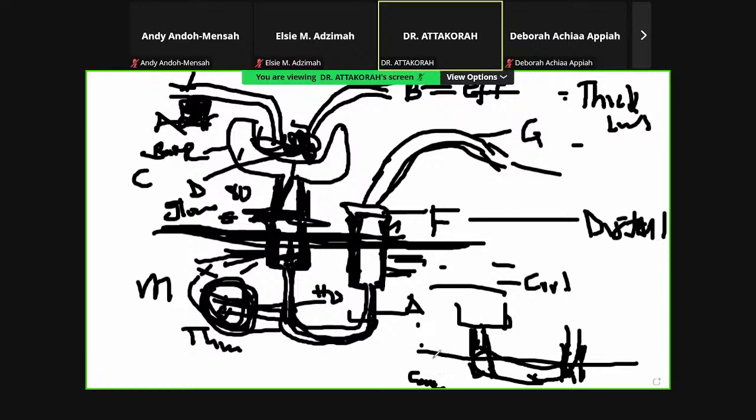And the concentration over here should always be higher than the concentration within the tube, such that by osmosis, water will be drawn from here. Water will be drawn.